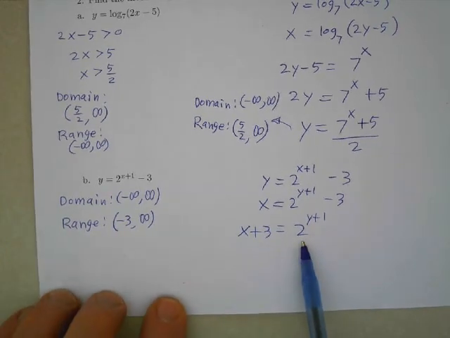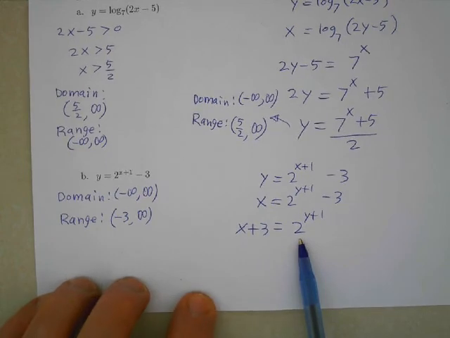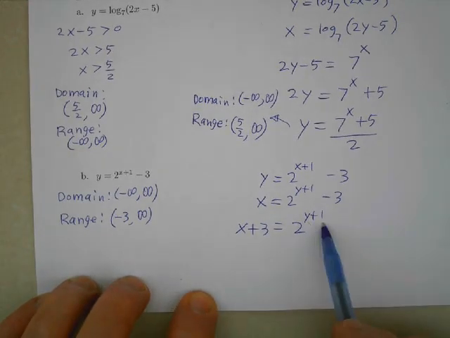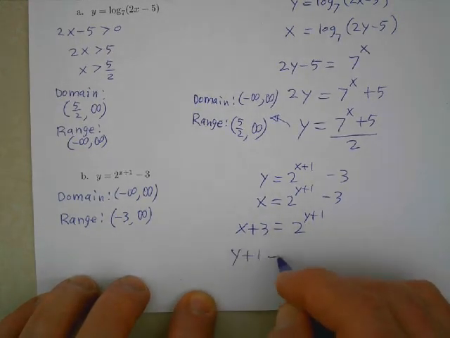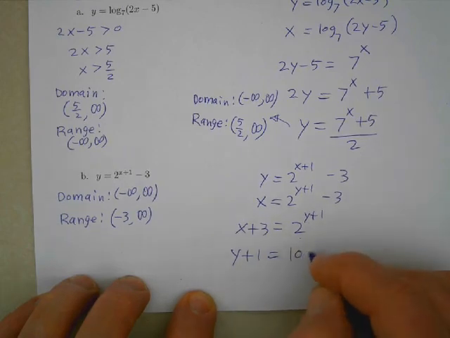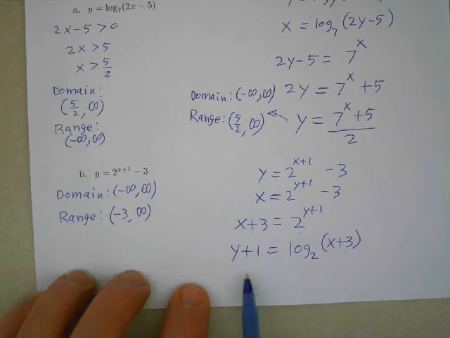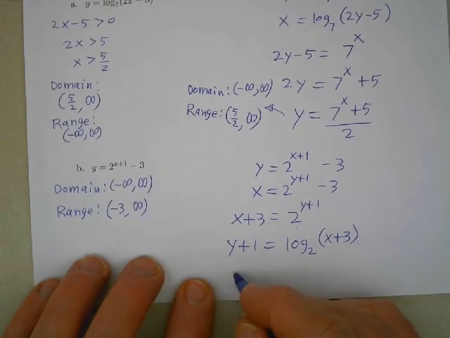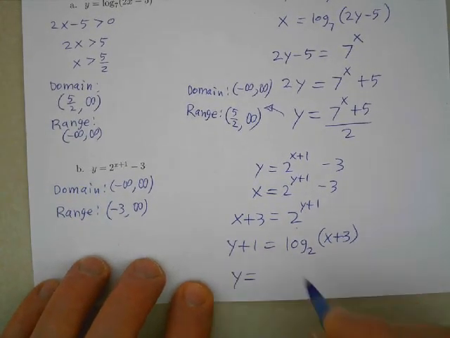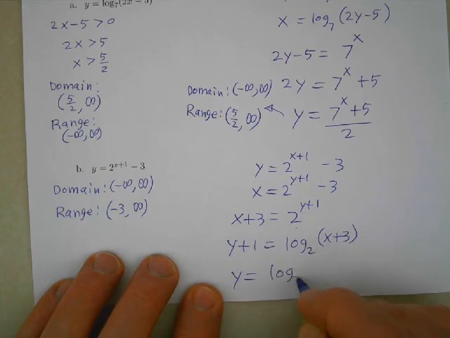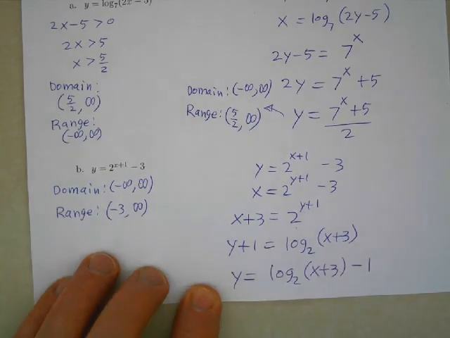So we'll convert this to its logarithmic equivalent. The exponent y plus 1 is equal to the base 2 logarithm of x plus 3. And now we're just one step away from the inverse. Y equals log base 2 of x plus 3 minus 1.